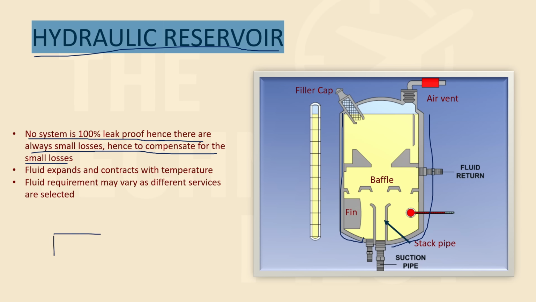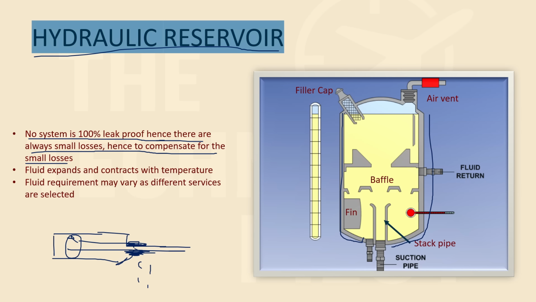As we saw, the piston was constantly moving, and there were some seals attached near the moving part to avoid leakages. But these seals won't prevent it 100%. There will still be some minor drops in hydraulic fluid.